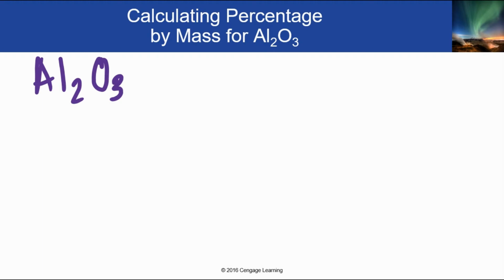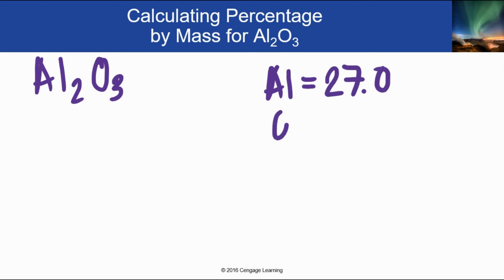Kasi gagamitin natin yan para makuha yung mass ng component kung ano man yung gusto natin kuhanin. So we have aluminum, the atomic mass of aluminum is 27.0. For oxygen, of course, we know that it is 16.